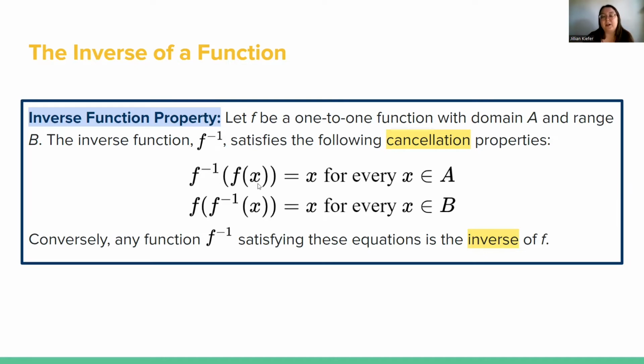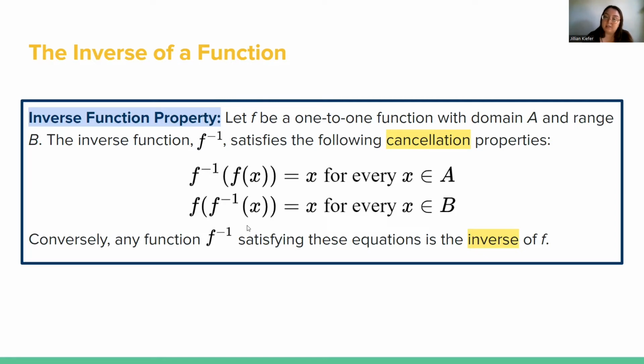So it's just whatever is on the innermost parentheses, that's what that would be equal to, because f inverse and f are going to cancel each other out. But the one main difference here is that if we take the inverse of the original function, our answer is x, but it's for every x that's in the domain A, the domain of the original function.